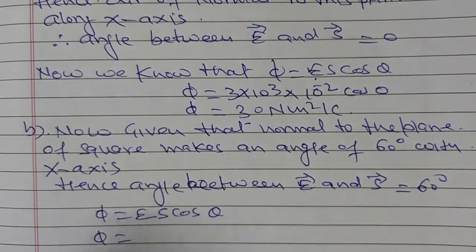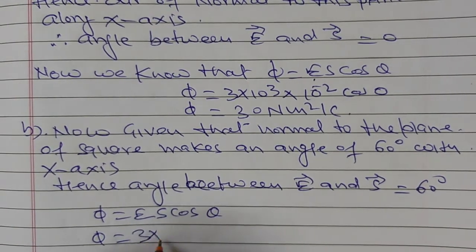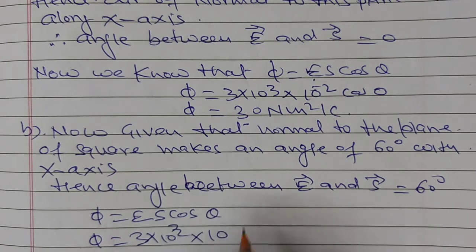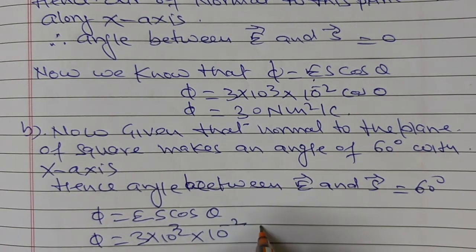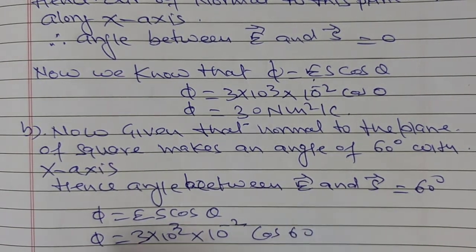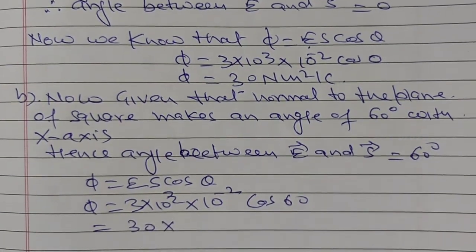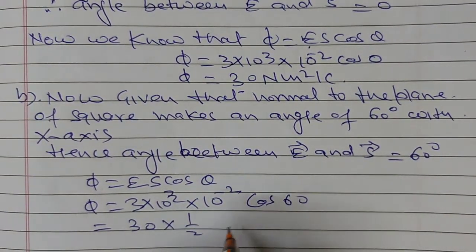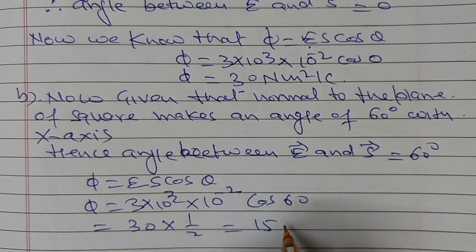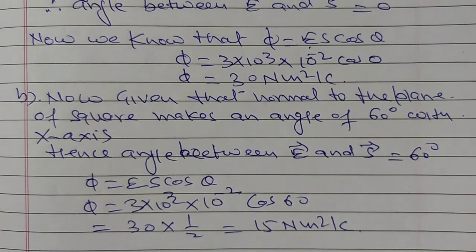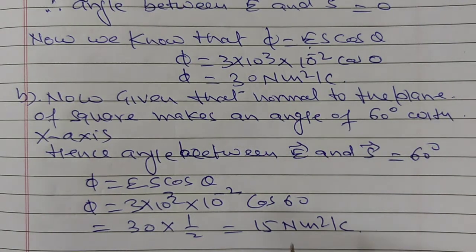Therefore, this phi, on putting values, 3 into 10 raised power 3, and this is 10 raised power minus 2 into cos 60 degree. Now this is 30 into 1 by 2 is equal to 15 Newton meter square per coulomb. So this is the answer.